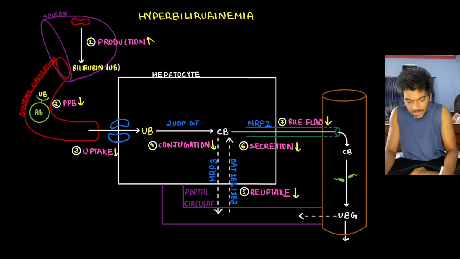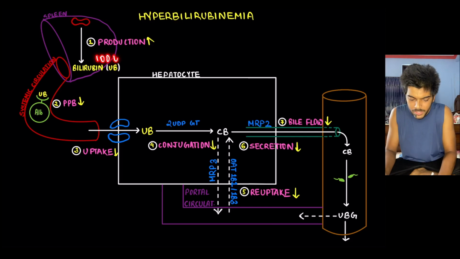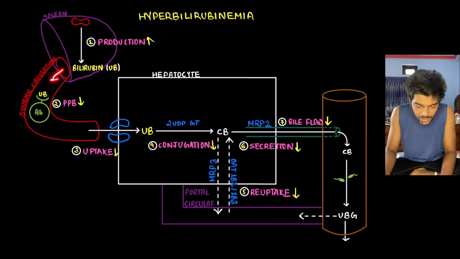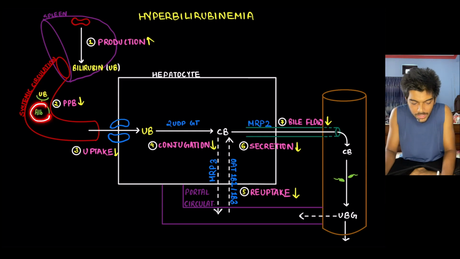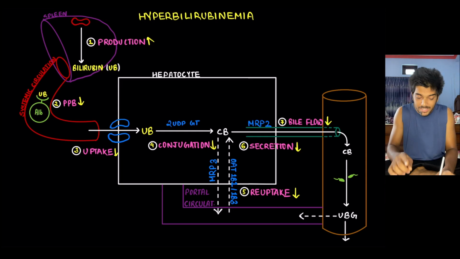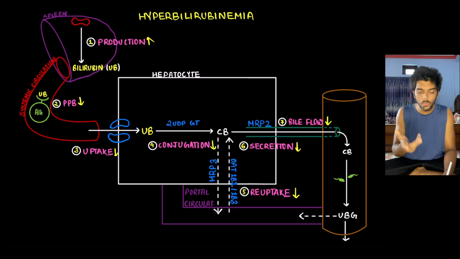Point 2. Let's say the production is normal. Okay, 100 UB is being produced. Now this 100 unconjugated bilirubin attaches with albumin in the systemic circulation. Let's say this plasma protein binding does not take place. Then what will happen?